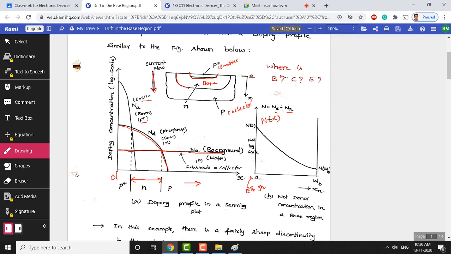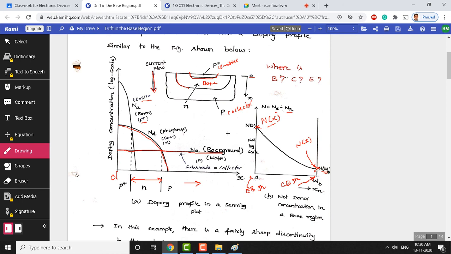At the emitter base junction, n of x is going to be n of 0, whereas at the collector base junction, because it is the edge of the base, n of x becomes n of Wb. So, if you see the starting point and the ending point within the base, the equation is n of x. We will write a mathematical equation for how it varies. It is nothing but an exponential equation that we get. We will show that in the next class.